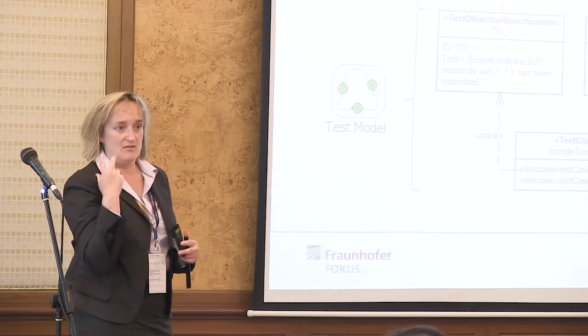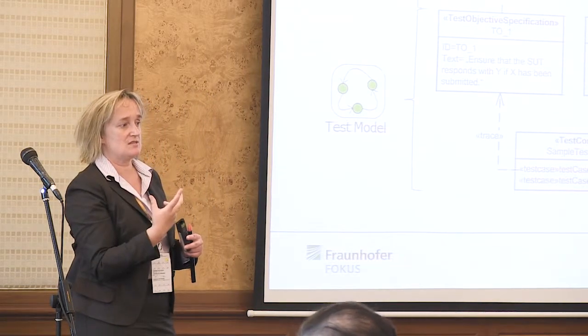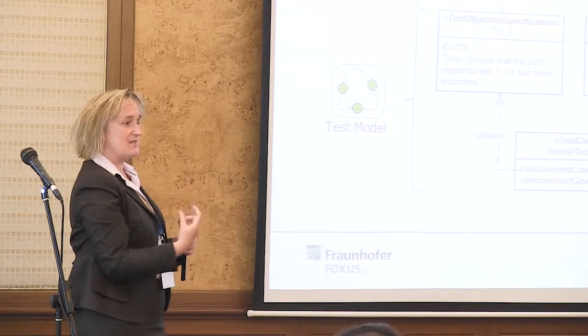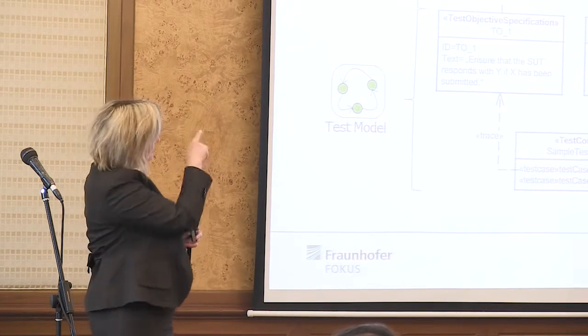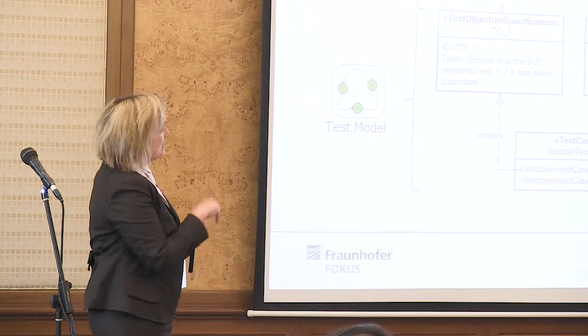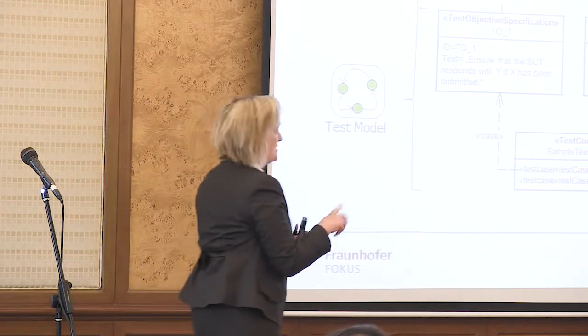It's about thinking what to test, write it down as a test objective, and where you get this test objective from, interrelated to the parts in the system model if you have them, and then use the test context which has the test cases which realizes these test objectives.